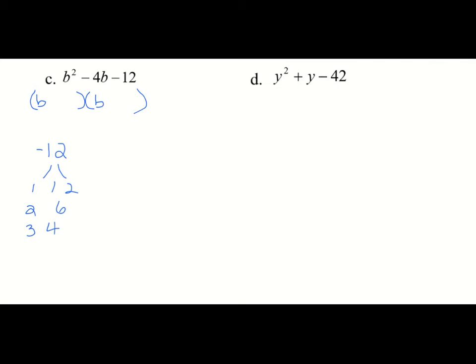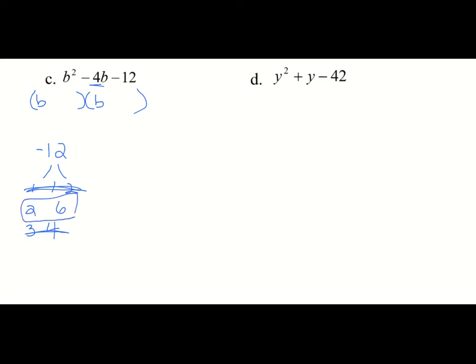But I also need a combination of these two to give me a negative 4. So I'm first going to look for any combinations that could give me a negative 4. In this case, 1 and 12, if I do 12 minus 1, I get 11. If I add it, I get 13. I know it will not work. 3 and 4, if I subtract the 2, I get 1 or negative 1. Not going to work.